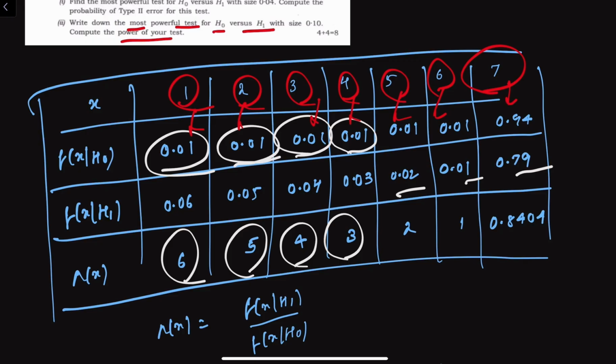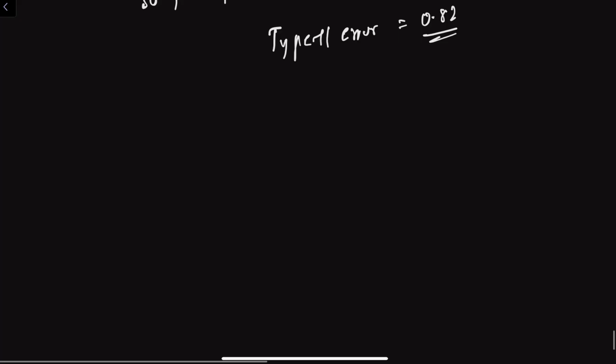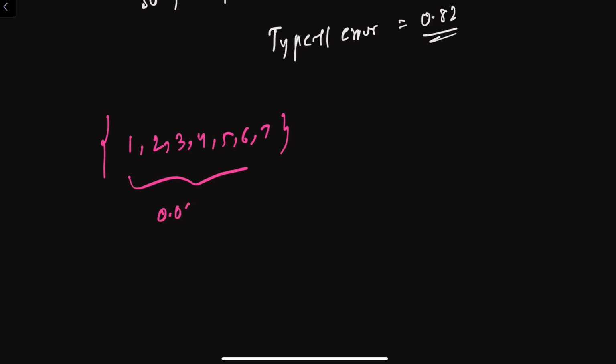So that means we should also reject 7 with some probability in order to attain the size of 0.10. So we start with the same ordering as we did earlier for likelihood ratios. Earlier we did 1, 2, 3, 4 because our size was just 0.04. Now we also have the others, so we keep the entire thing. From 1 to 6 we have 0.06, so from 7 we have to consider that 0.04.